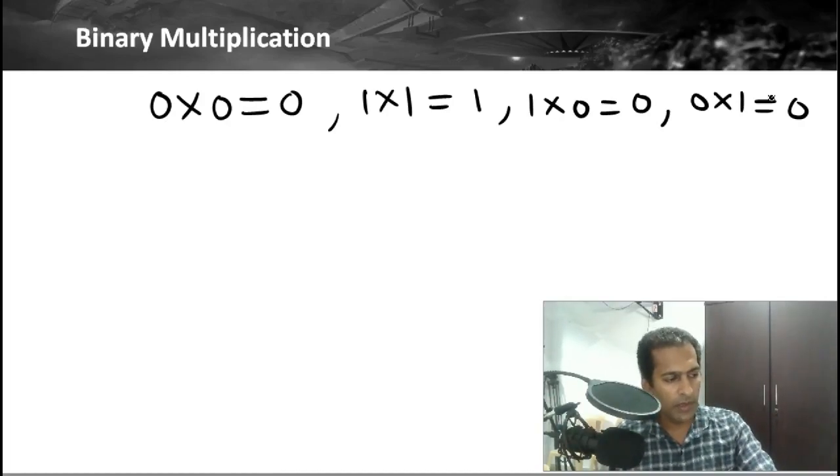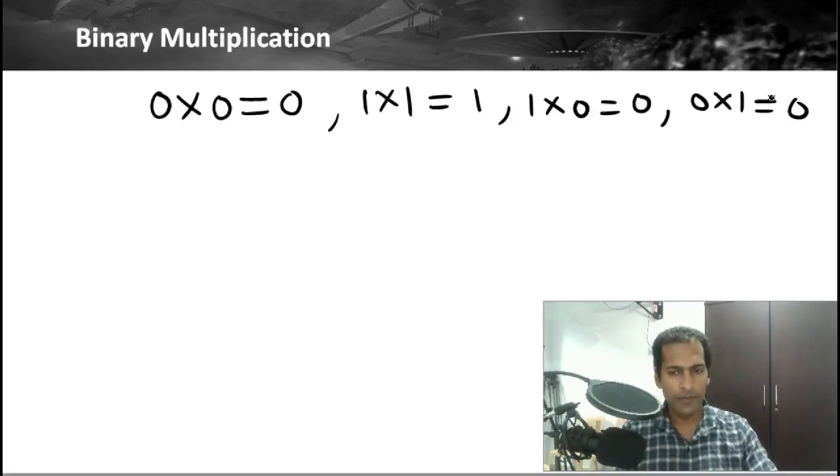Now the paper method is similar to the multiplication of decimal numbers. We have to multiply the multiplicand with each bit of the multiplier as we do in normal multiplication. We get some partial products. Partial product is the same as the multiplicand if the multiplier bit is 1, and partial product is 0 if the multiplier bit is 0, because if we multiply anything with 0 we get 0.